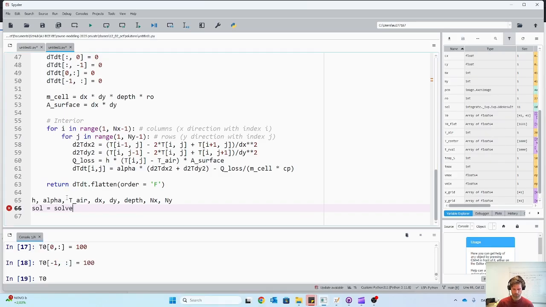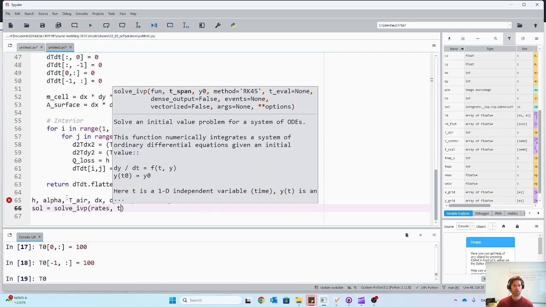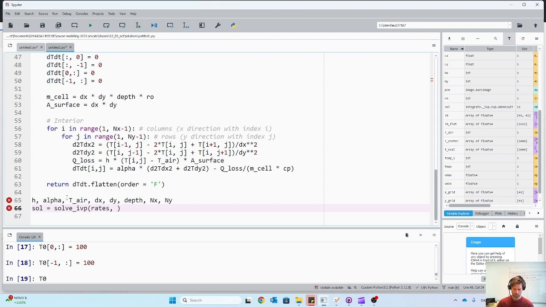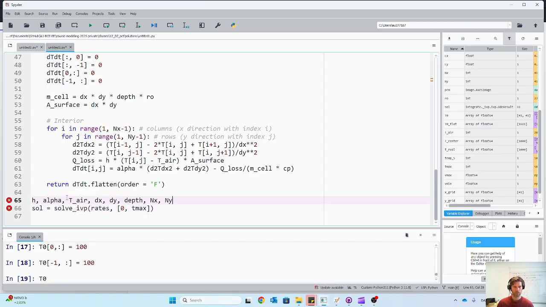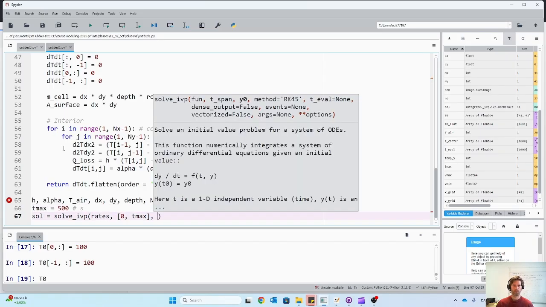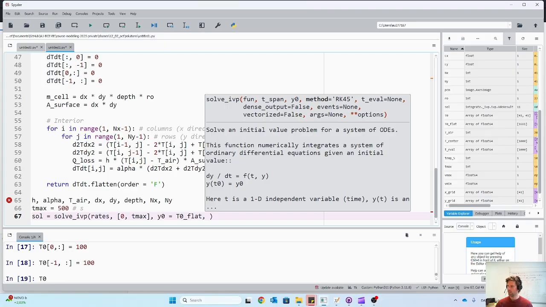So the solution, solve IVP, we will call the rates function, our t-span. Let's go for from 0 to tmax, and we can put tmax to 500 seconds. Then we need the initial conditions, which will be T0 flat, and we then need the method.